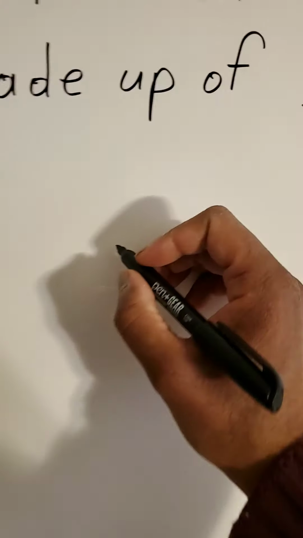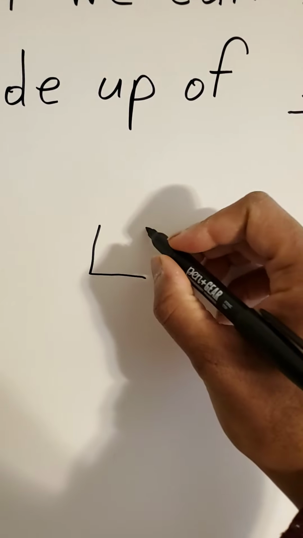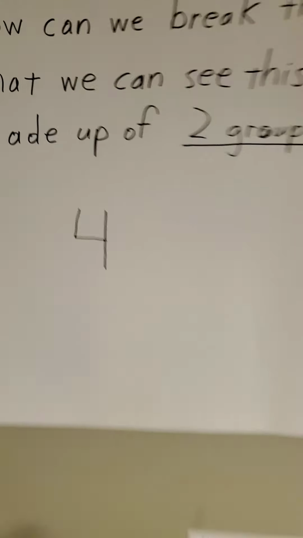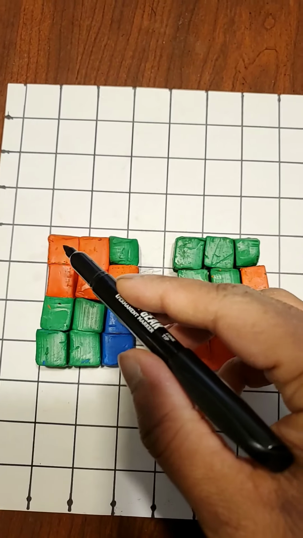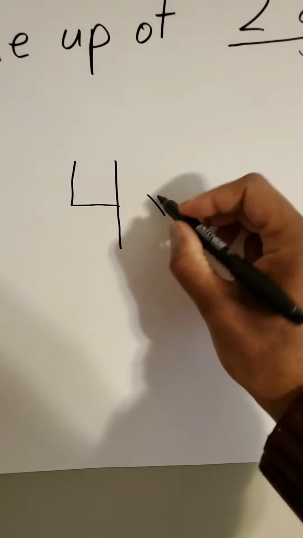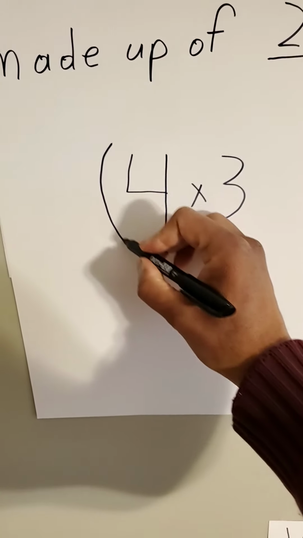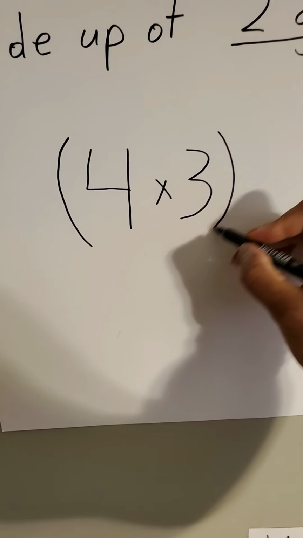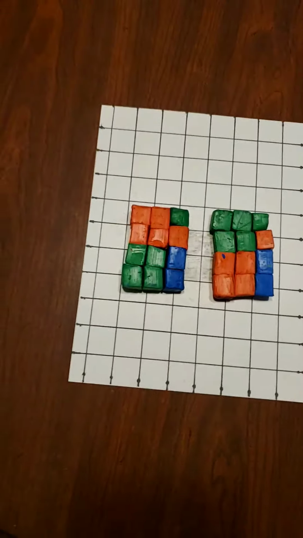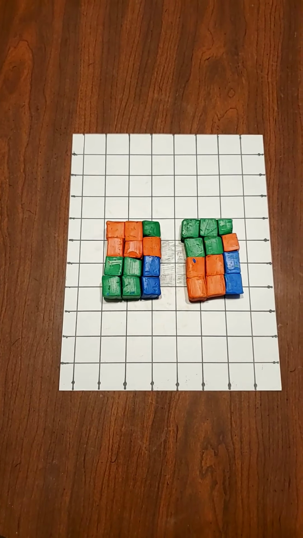So let's write 4. What is the width? 1, 2, 3. 4 times 3. This object is 4 times 3. So let me put these parentheses around it. Now, here's my next question.